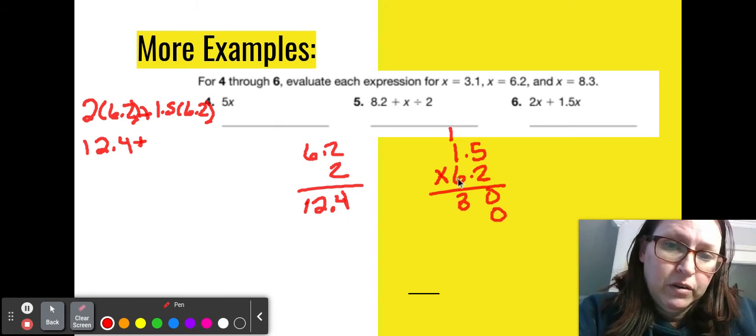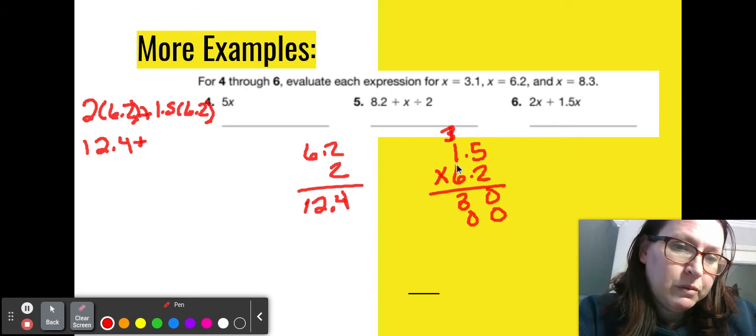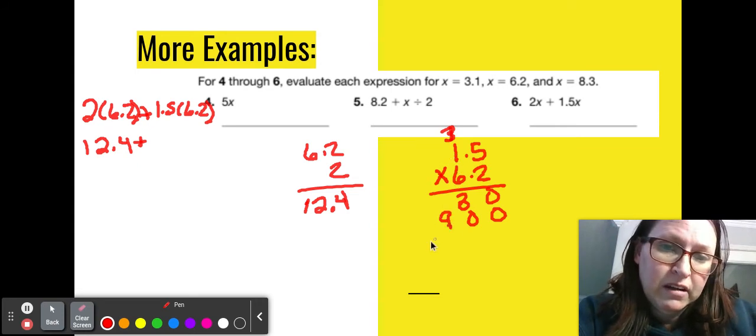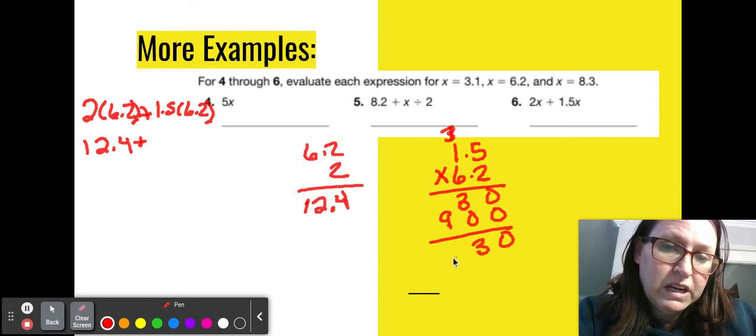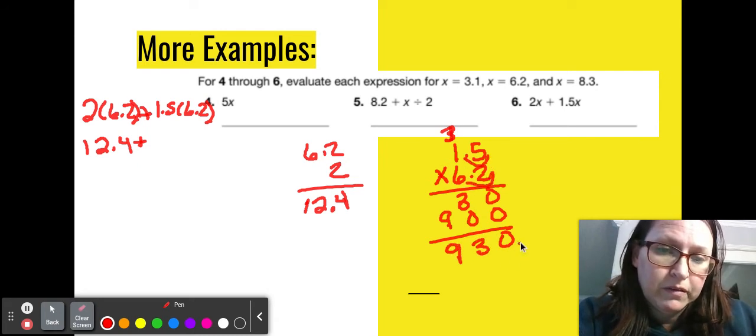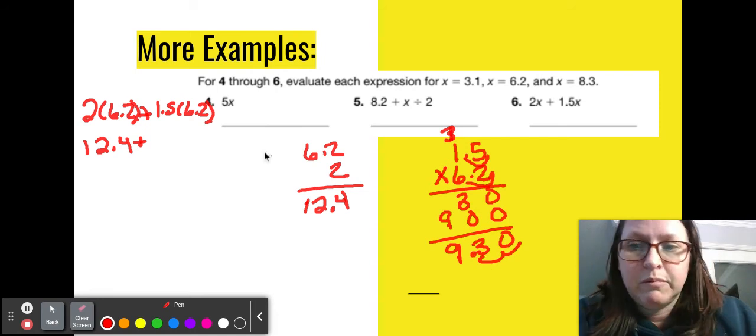Put my placeholder. 6 times 5 is 30. 6 times 1 is 6, plus 3 is 9. 0 plus 0 is 0. 3 plus 0 is 3. 9 plus nothing. I have 2 places, so let me come over 2 places. So I have 9.3.